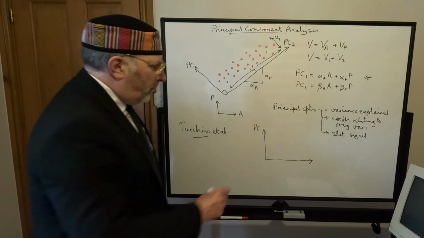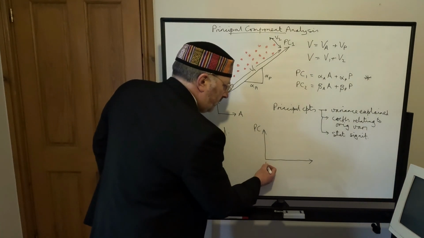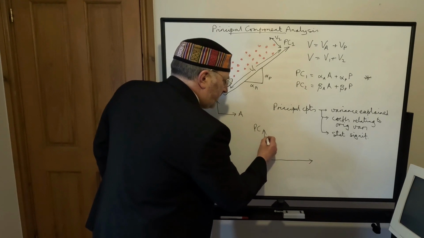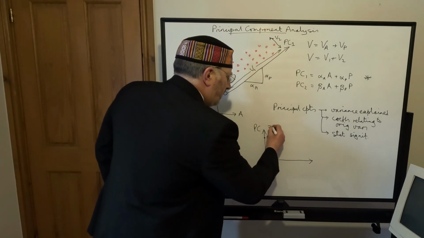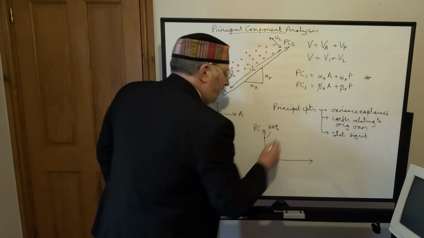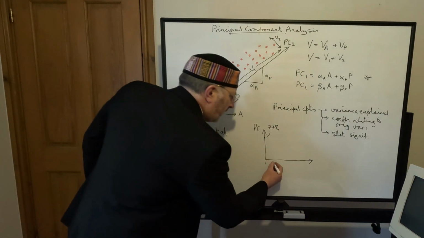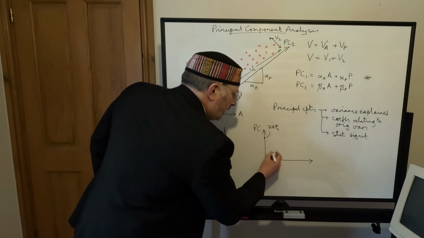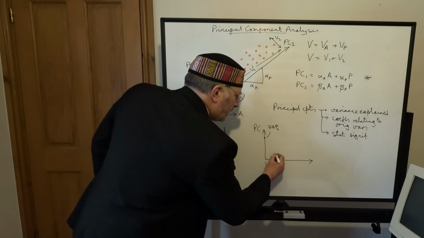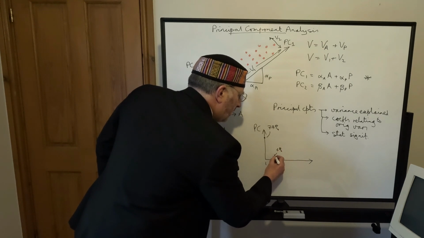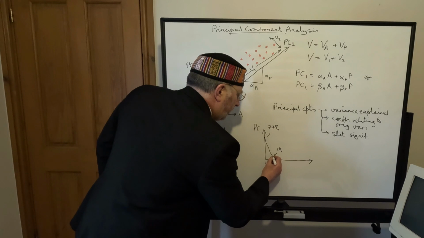And the first principal component explained 77% of the total variance. And then the second principal component was just 6% of the total variance.